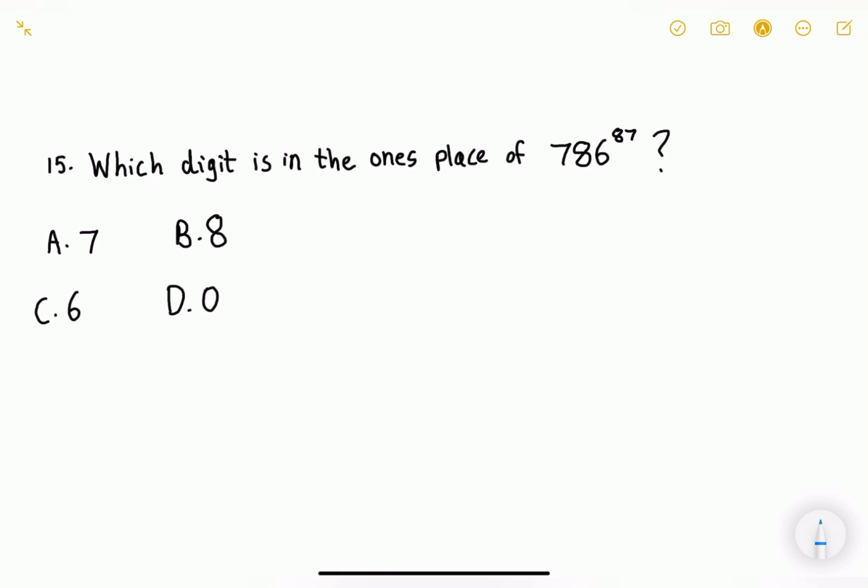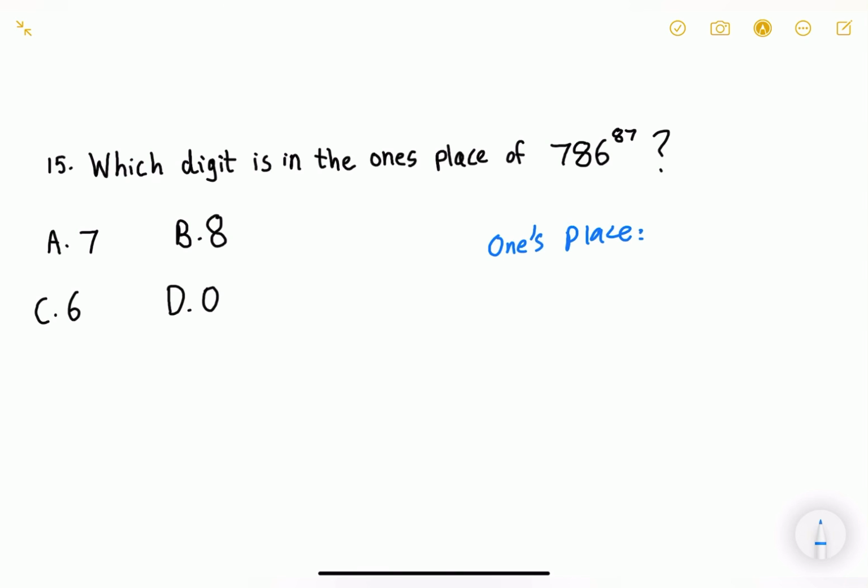So it says, which digit is in the ones place of 786 to the power of 87? All you have to do is look at the ones place. But before I say this, I'm going to give you another mini lesson, the ones place lesson.